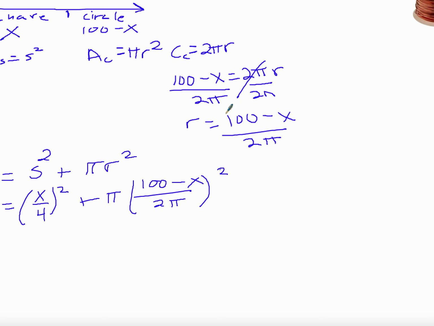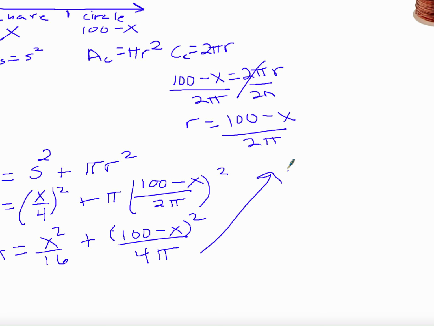And we can simplify this. So I'll get that the area is equal to x squared divided by 16 plus, let's see, my pi will cancel out one of the pi's down there. This is going to give me (100 minus x) squared divided by 4 pi. Now I'm going to try and minimize.